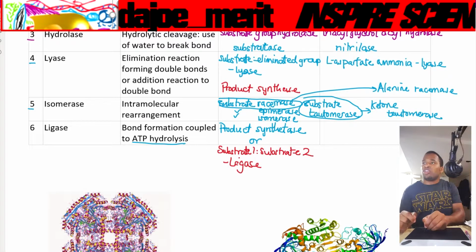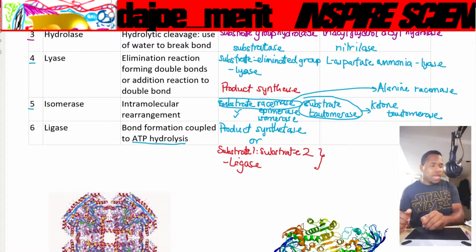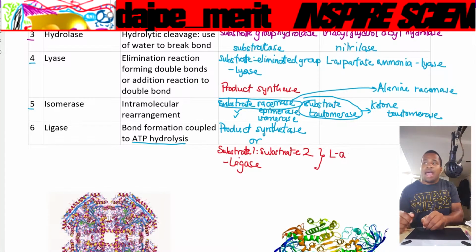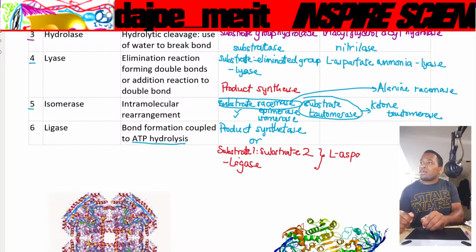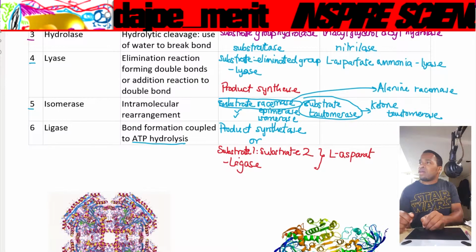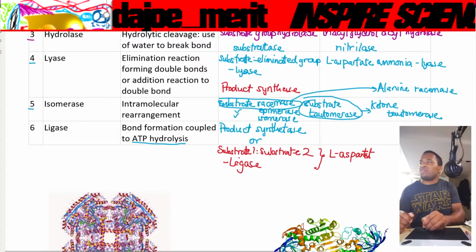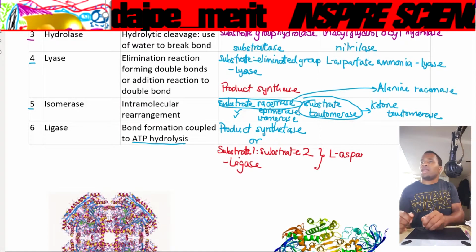So an application of the one at the bottom here is as follows. We actually have an amino acid, L-aspartate, I'll put the T here, let me erase this, get that out of the way.